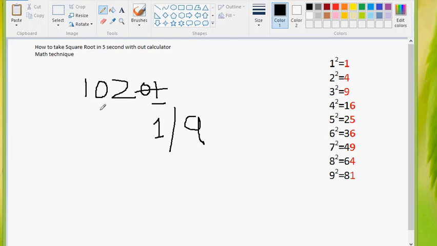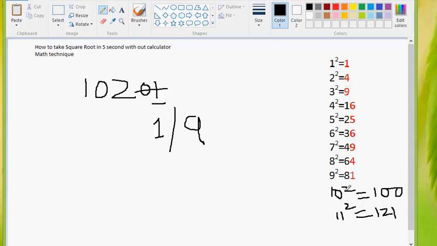Let's check the 102. Where does 102 lie? If I write 10 square, it's 100, so definitely it lies between 10 and 11. So I can pick the 10, because 102 is greater than 100 and less than 121.